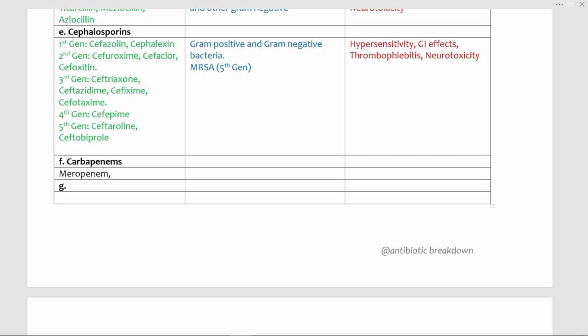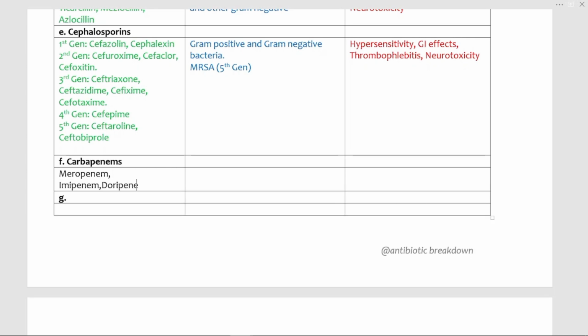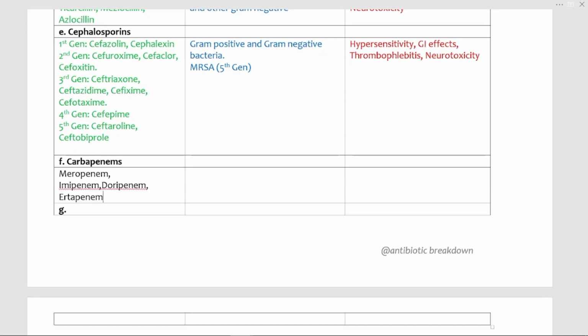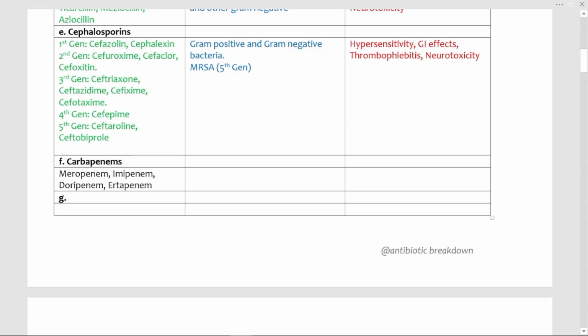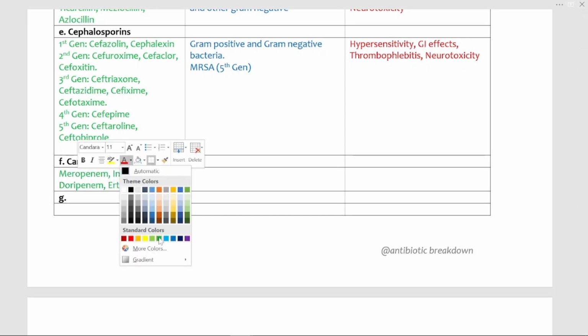We have imipenem, doripenem, and also ertapenem. So these are some of the examples of carbapenems: meropenem, imipenem, doripenem, and ertapenem.